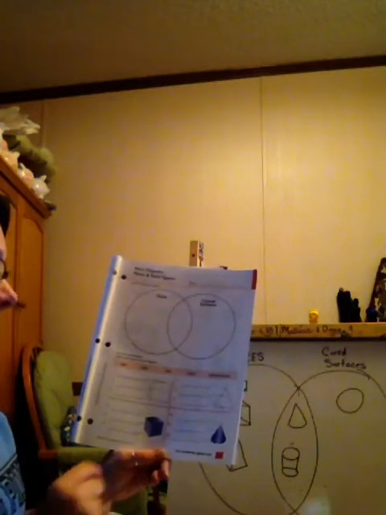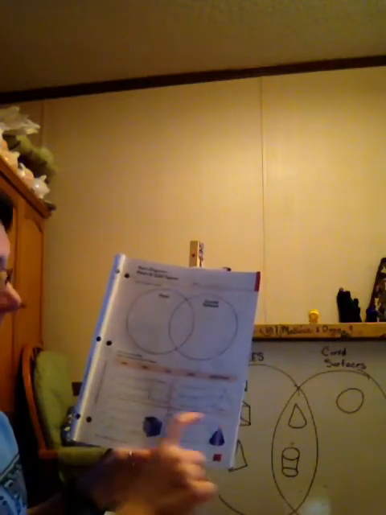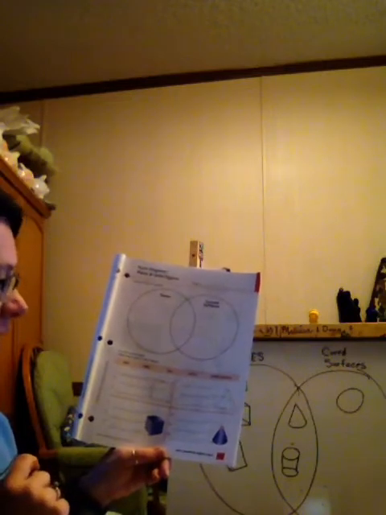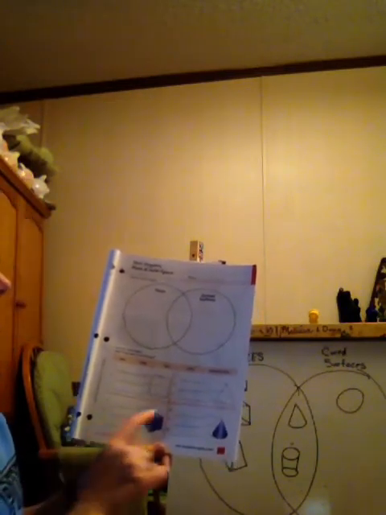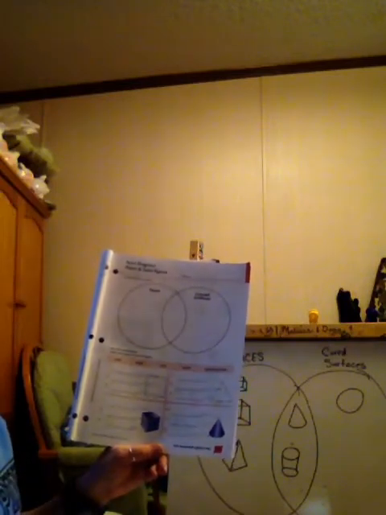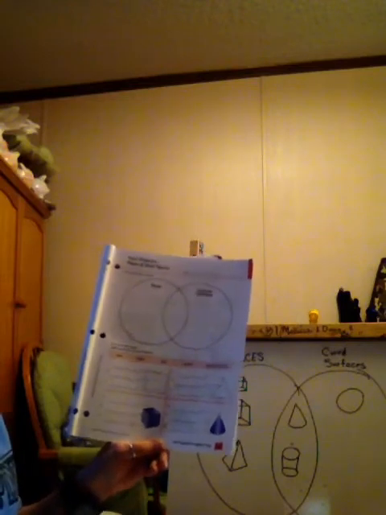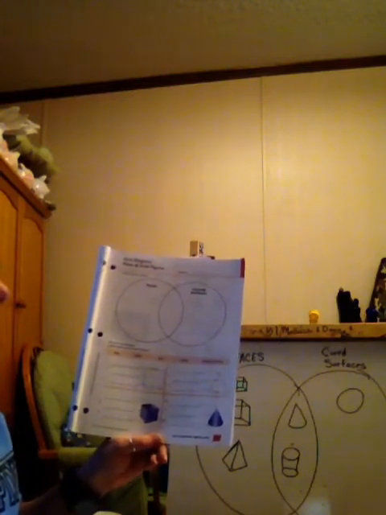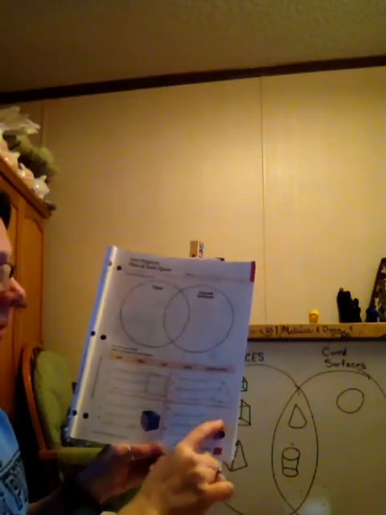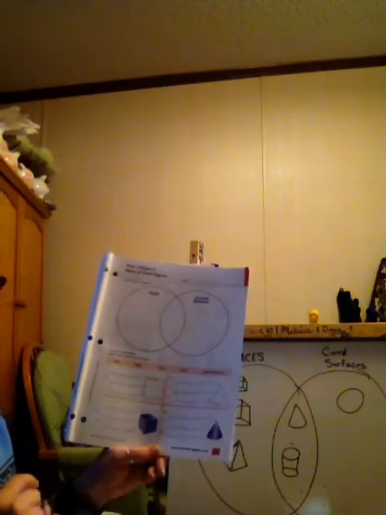Then number 10, we have our cone. And the very tip top of that cone is what? Well, it would be a vertex. So you need to write vertex in there. And then number 11, what is this pointing to?